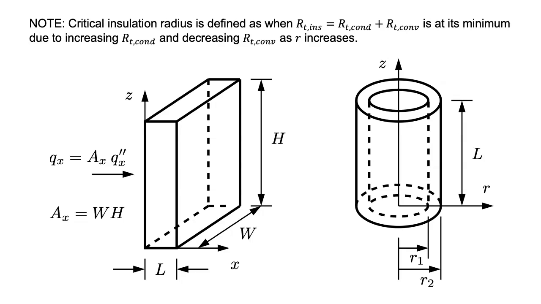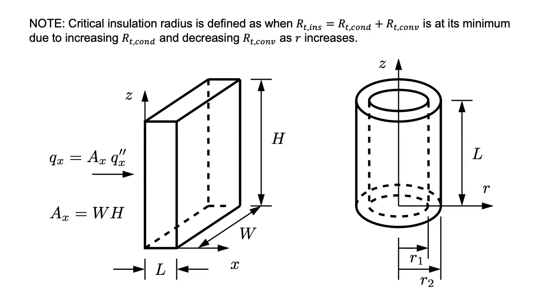Note that the critical insulation thickness accounts for the fact that although the thermal resistance to conduction increases with insulation thickness, the thermal resistance due to convection decreases because the surface area for convection increases. Thus, the total thermal resistance, which is the sum of the conduction and convection thermal resistances, will go through a minimum at the specified critical radius.